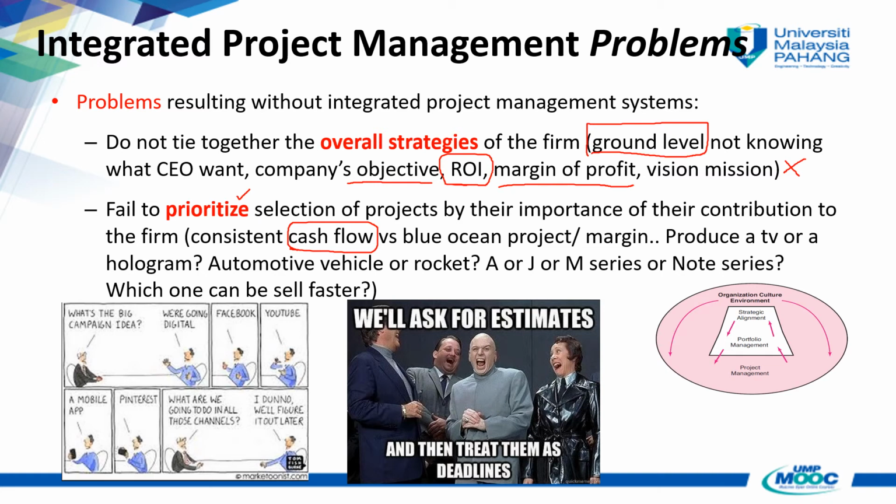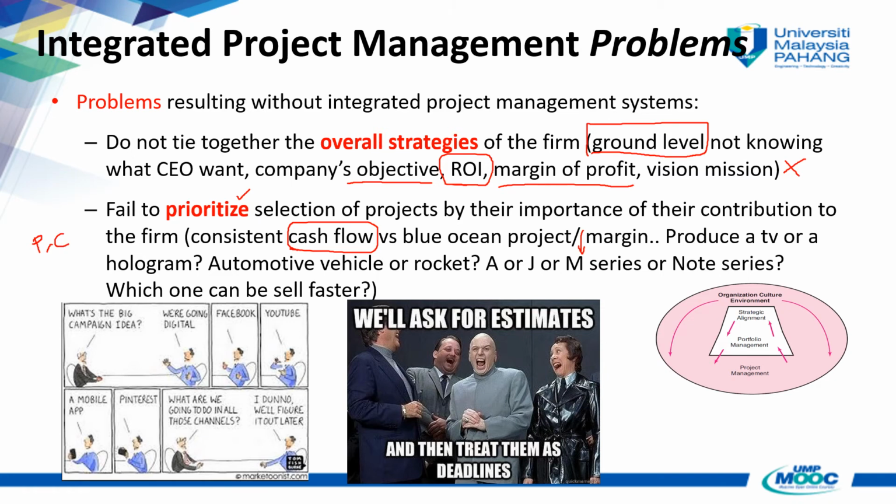If we compare it to a blue ocean project, the margin is lesser. But for the bread and butter, for example for HP, the consistent cash flow is the printer, and also the computer, PC.